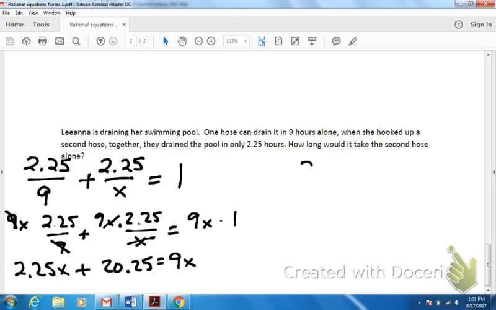That's going to leave us with 20.25 is equal to 6.75x. And then last step, we're going to divide both sides by 6.75.